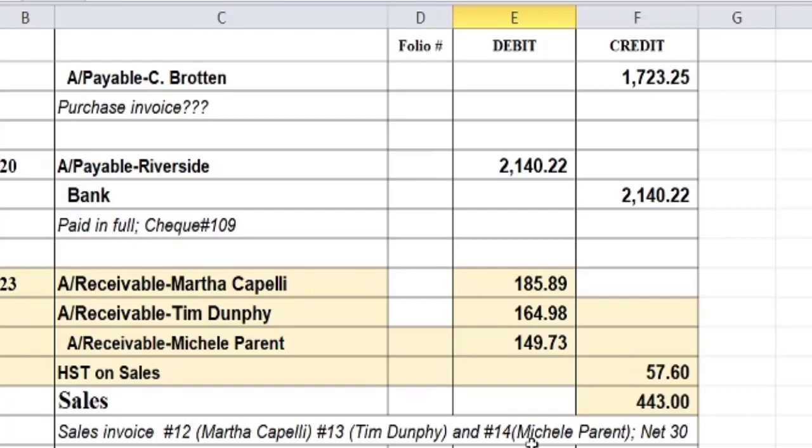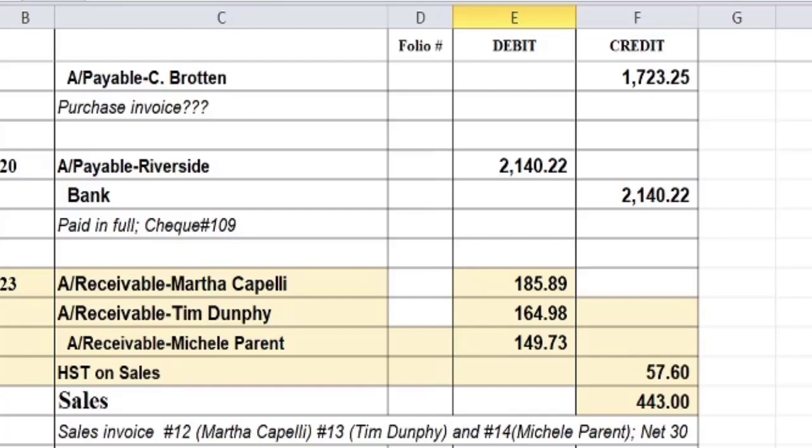So we're going to debit 3 accounts: accounts receivable for Martha Capelli, accounts receivable for Tim Dunphy, accounts receivable for Michelle Parent, and then we'll credit sales and HST on sales. So we'll just combine all the sales together, and we'll combine all the HST on sales together.